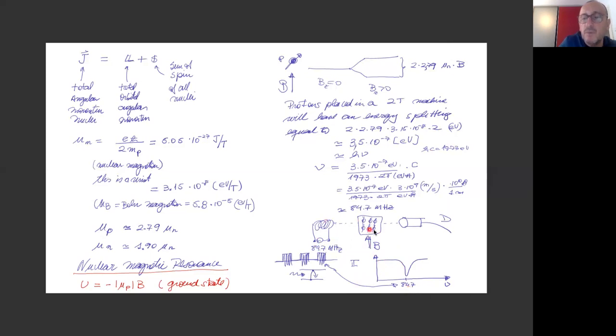When the frequency gets to 84.7, you will start inducing transitions between these 2 levels. When you induce transitions between these 2 levels, the radiation is not going to get through. You're going to absorb a photon and lift a nucleus, in this case a proton, from this level to this level. So you will get an important absorption of the energy at 84.7.